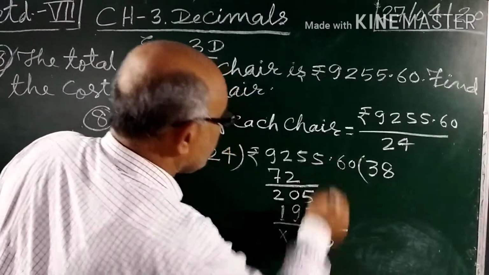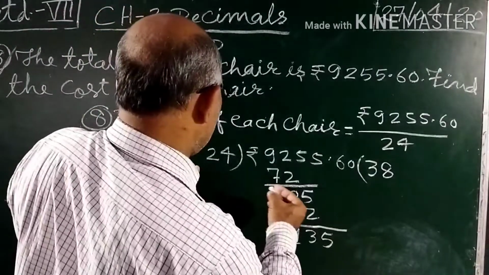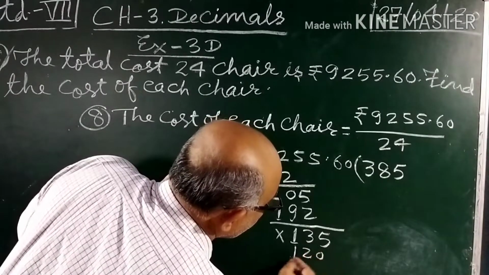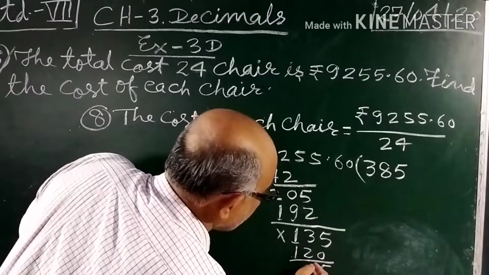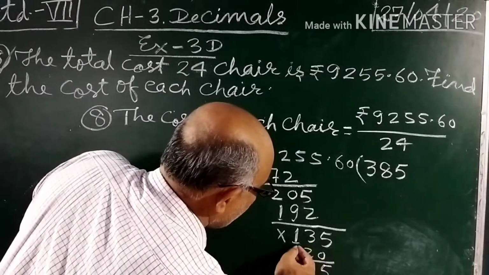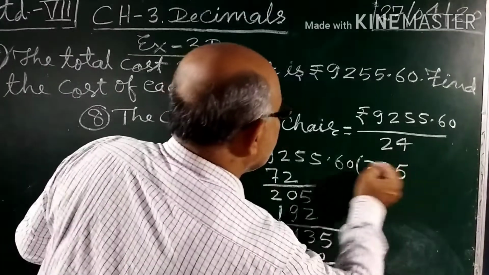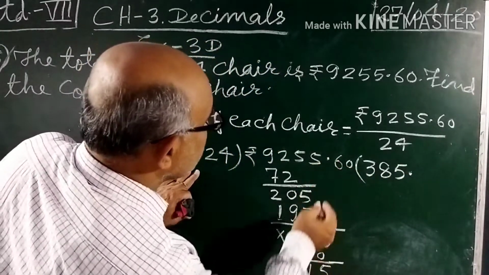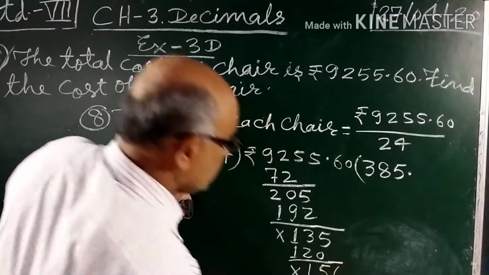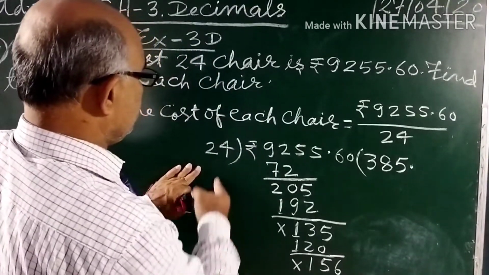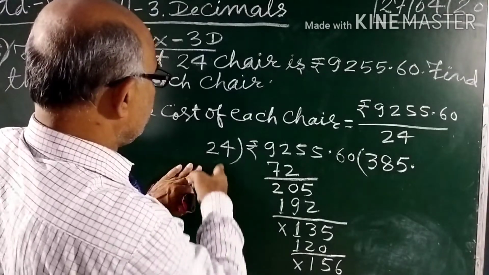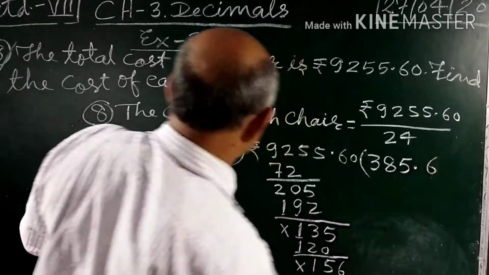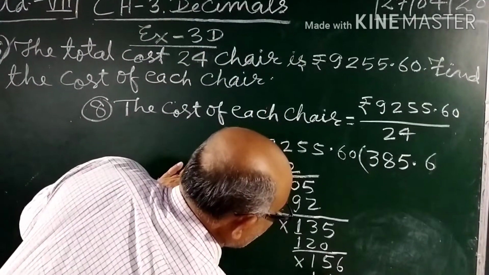So now 5 again. 24 fives are 120. So 1 minus 1 cancel. Now put the decimal point in the quotient after the digit, 6 comes here. Now 24 fours, 24 sixes are 144.